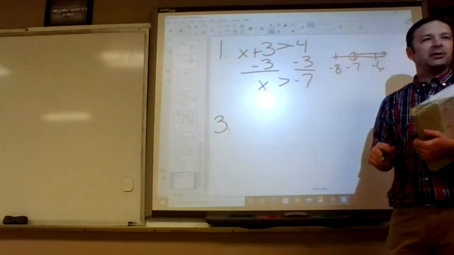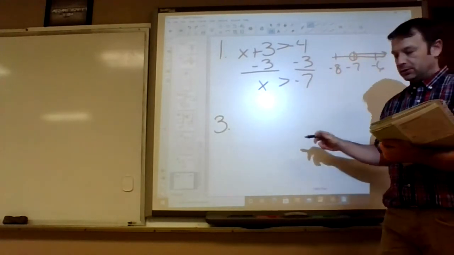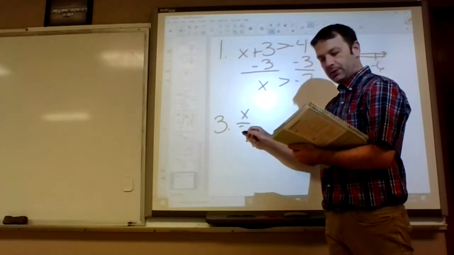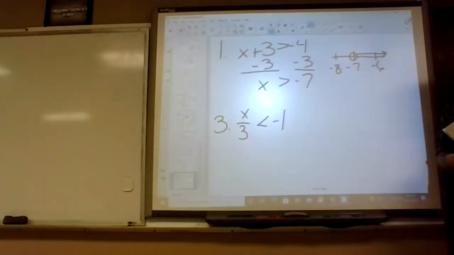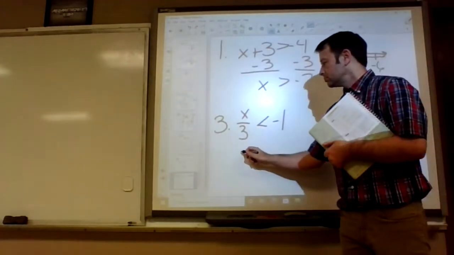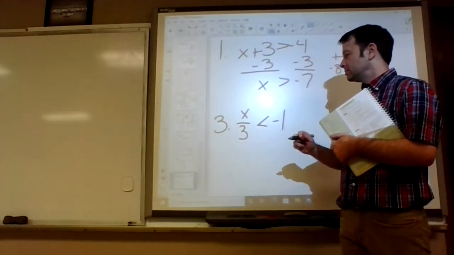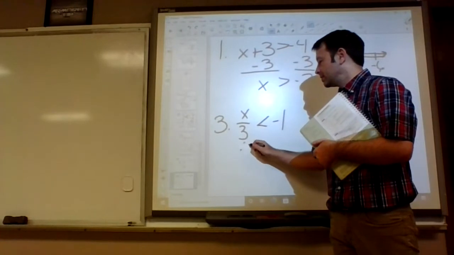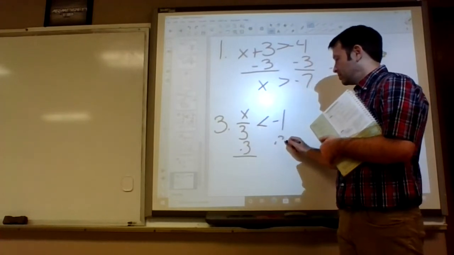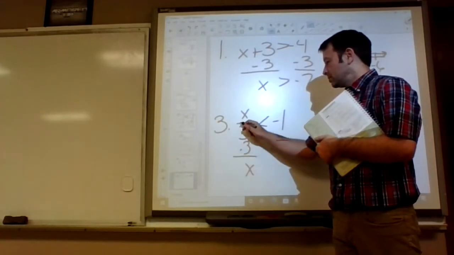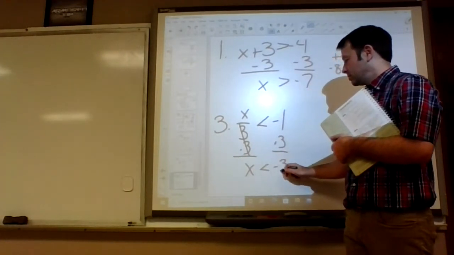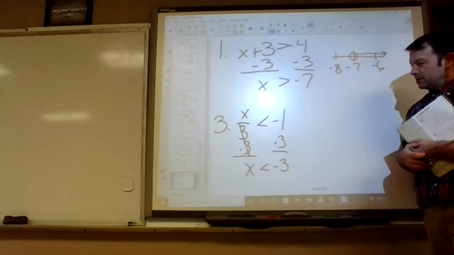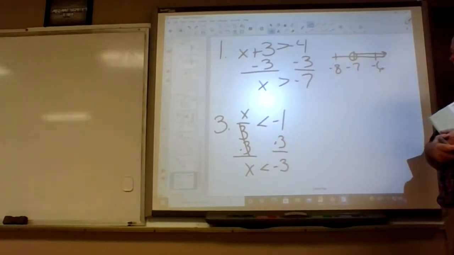Number 3. Okay, this is Grant. Grant, what do we need to do on number 3? We need to times it by 3, and it cancels the divided by 3, and that makes negative 3.